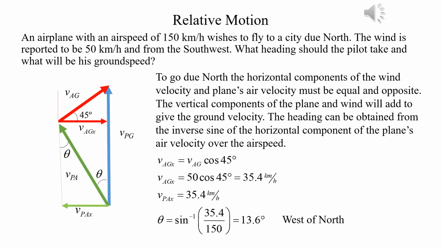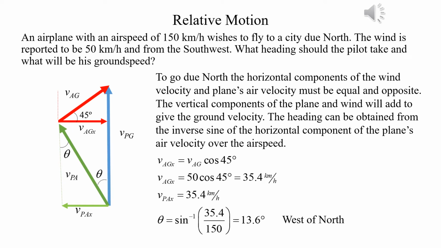So the velocity of the air with respect to the ground in the x direction equals the velocity of the air with respect to the ground times the cosine of 45 degrees, and that gives us 35.4 kilometers per hour. So the velocity of the plane with respect to the air in the x direction has to be 35.4 kilometers per hour.